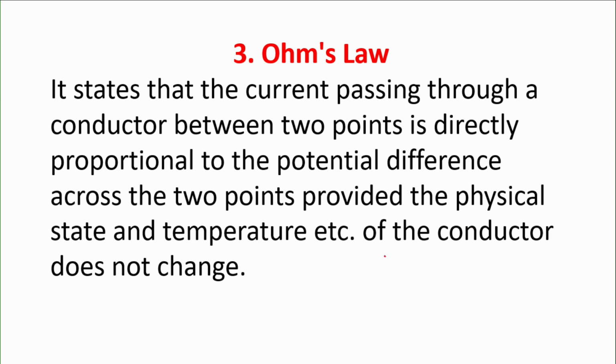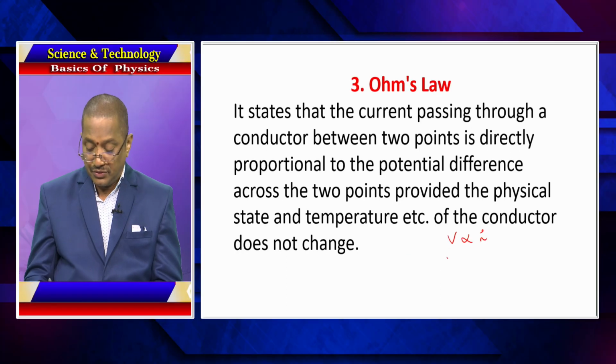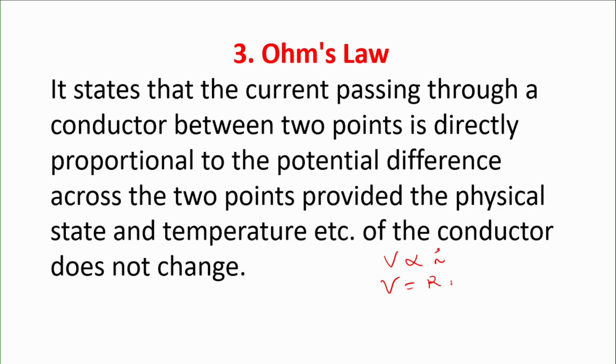That means V is proportional to I. V is the potential difference between the two ends of the conductor, and I is the current flowing through it. So V equal to IR, where R is the proportionality constant, called the resistance. The condition is constant temperature.